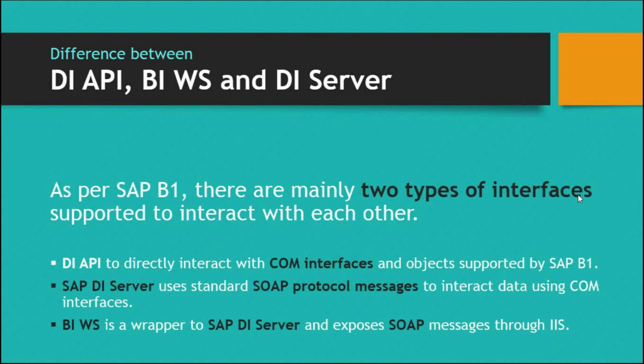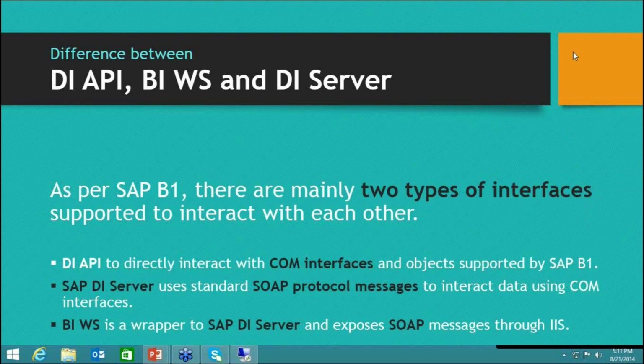Now the third one is actually not an integration system, it's actually a wrapper to the DI server. So say you want your third-party application to be outside the system where SAP is installed.